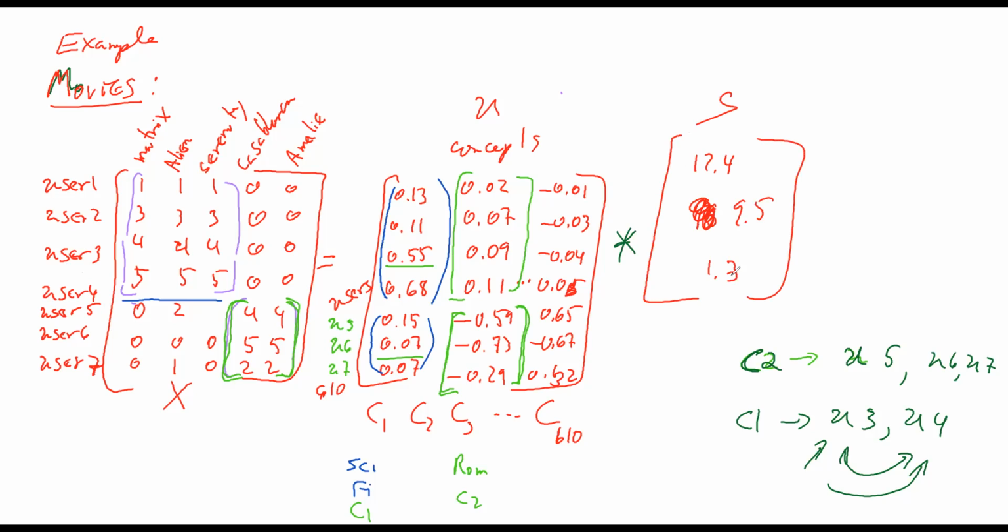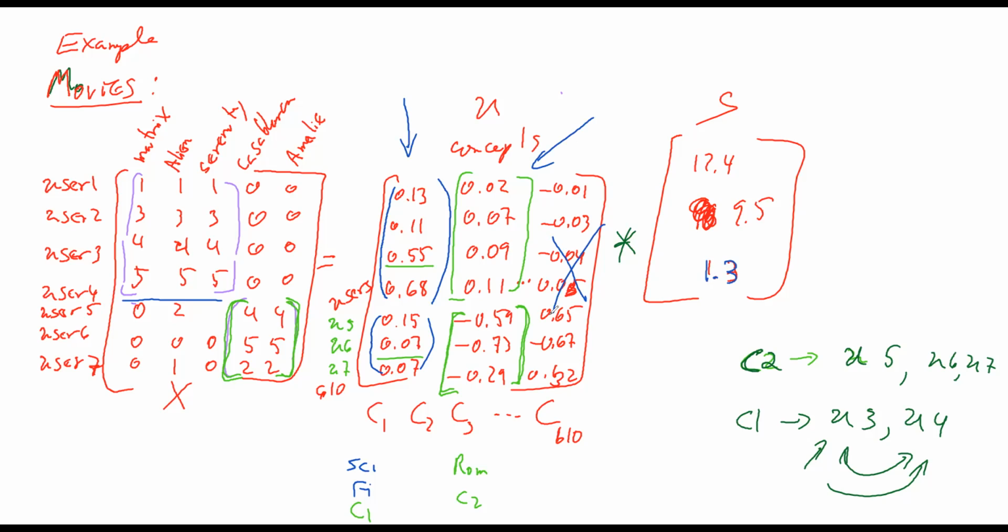That the system is mostly sure about this one. So if you're going to recommend, start with this column. Now 9.5 is solid too, so you can probably rely on that one. However, look at this one. It's only 1.3, so maybe this column might not be very useful for your recommendations.